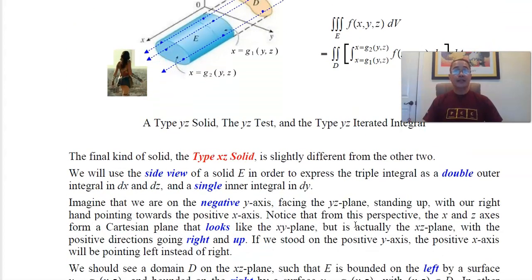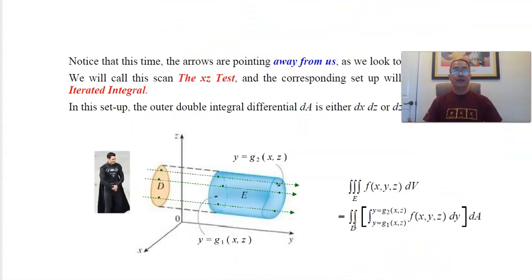The third kind of solid, though, is different from the other two, because this time you need to stand on the left side. In other words, the negative y-axis. Okay, that is important because you want to be looking towards the xz plane, where the positive x-axis is to your right, the positive z-axis is going upwards.